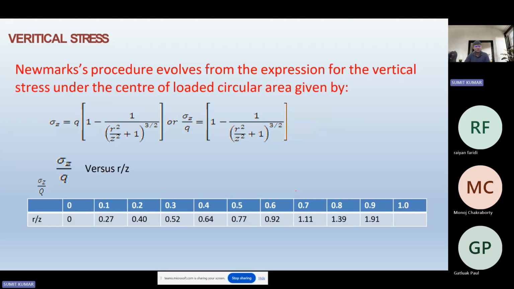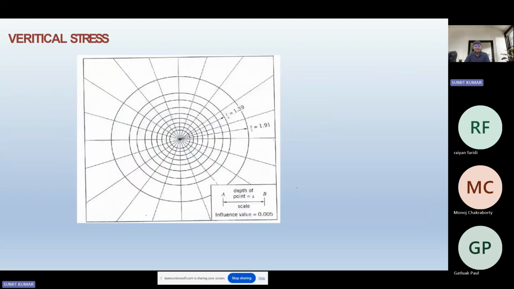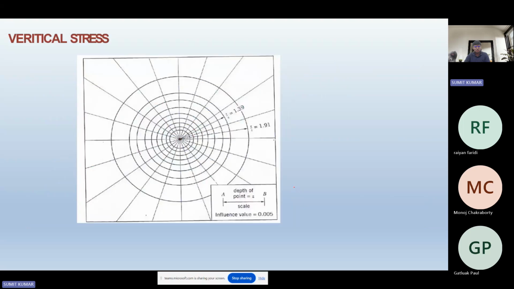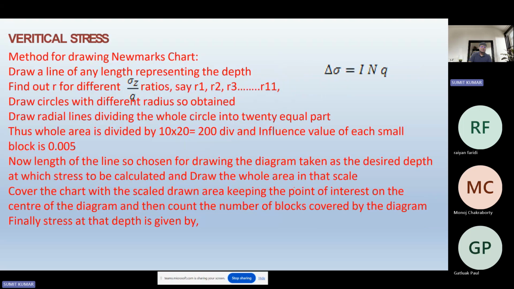A table is mentioned over here, and on that basis you can see that the r by z value is mentioned as 1.39, 1.91, and on the basis of that we are able to calculate 1 by (1 plus r square by z square). In this manner we can calculate the values.